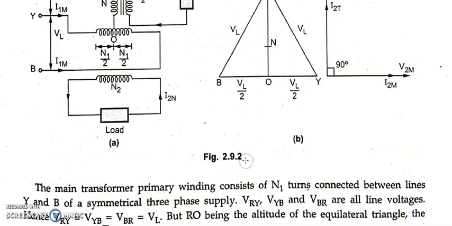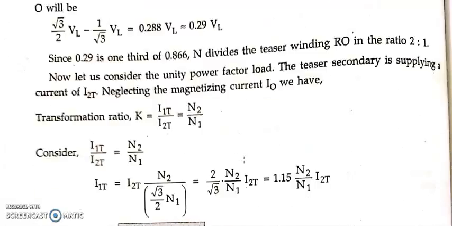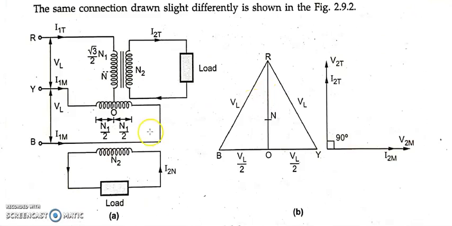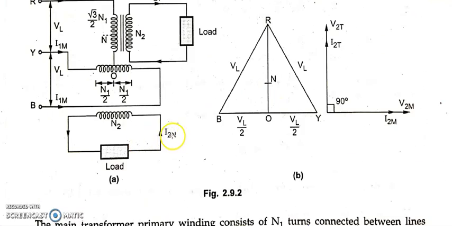Now going to the next explanation. We know that the primary winding of the main transformer consists of two parts because it carries I1M. So it does two works there. The first work is that it balances the main secondary current I2M. This should be M, I2M.